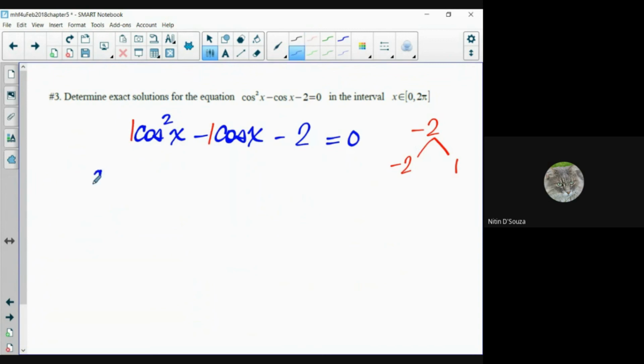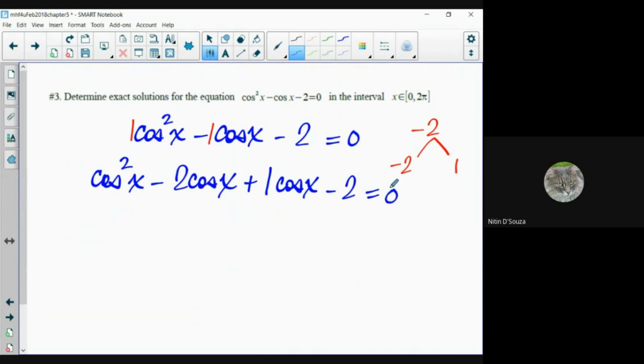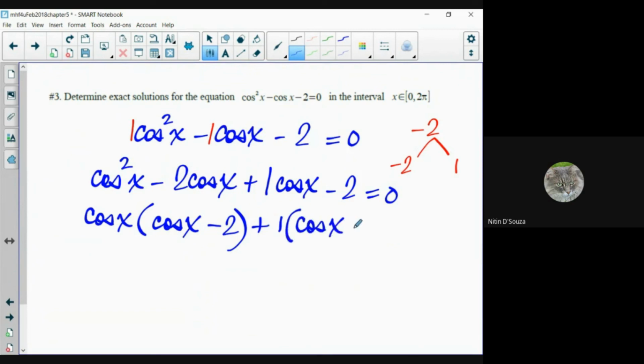I can say cosine squared x minus 2 cosine x plus 1 cosine x minus 2 equals 0. Cosine x times cosine x will give me cosine squared x. Cosine x times negative 2 will give me negative 2 cos x. Plus, take the sign, 1 divides into 1 and negative 2. 1 times cos x, 1 times negative 2.